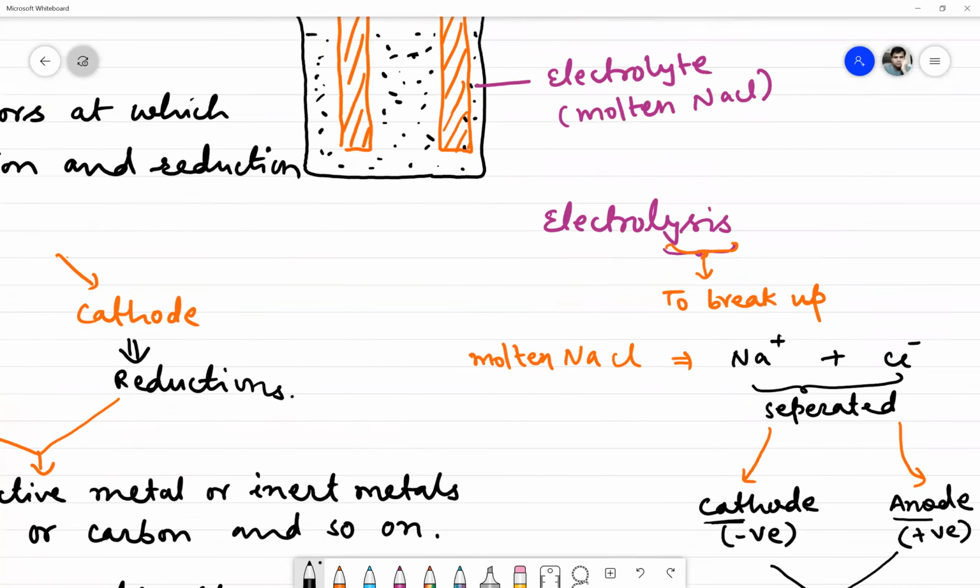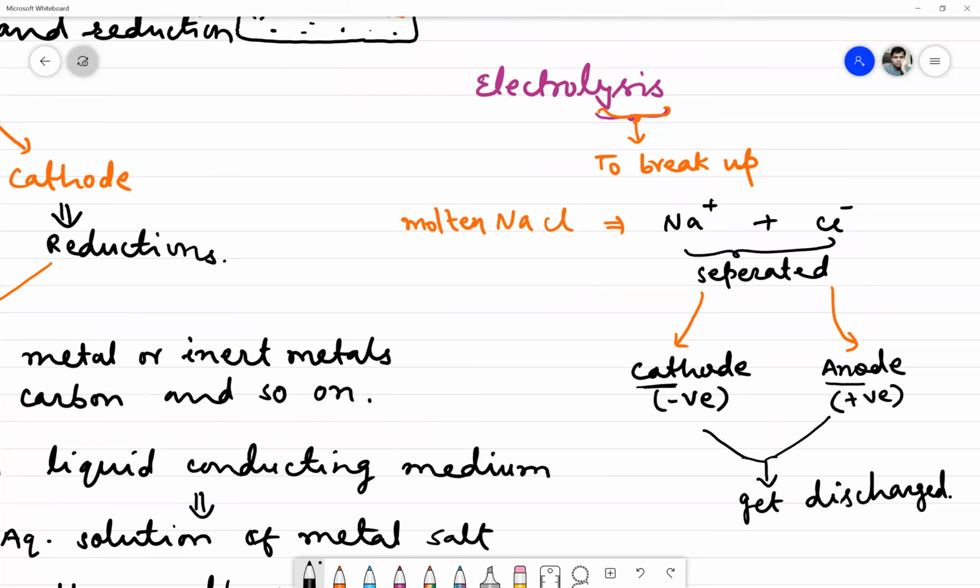All right, now what is the use of these electrolytic cells? Where do we use electrolytic cells? This is a very important part.